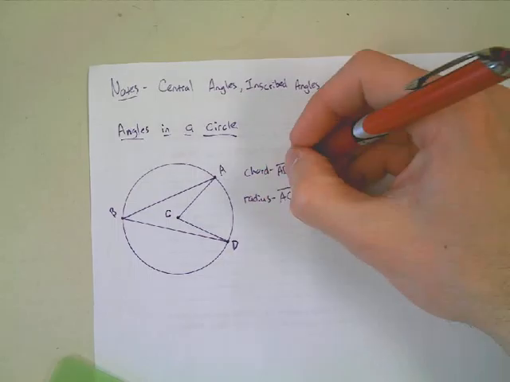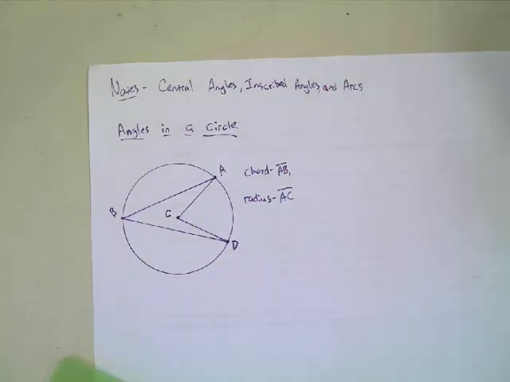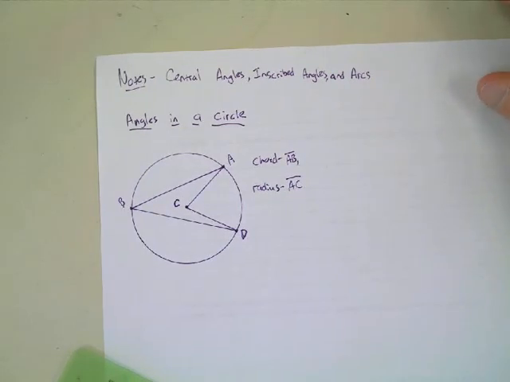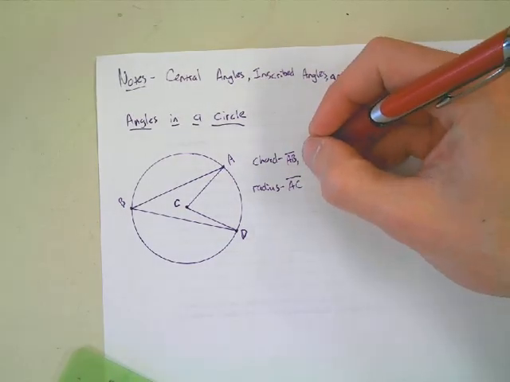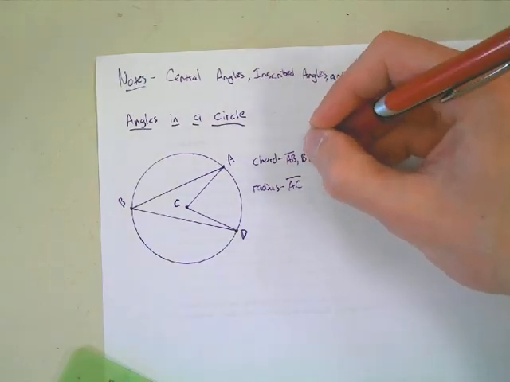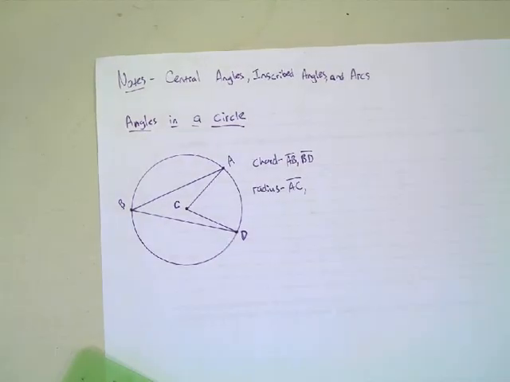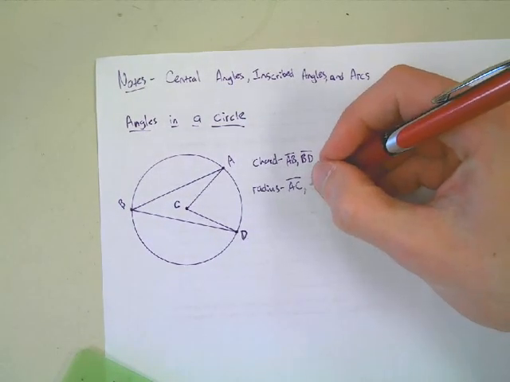So then we have now another chord in our picture. What's the other chord we have in our picture now? Yeah, BD or DB. And what's our other radius in the picture? CD or DC, whatever you want to say it.